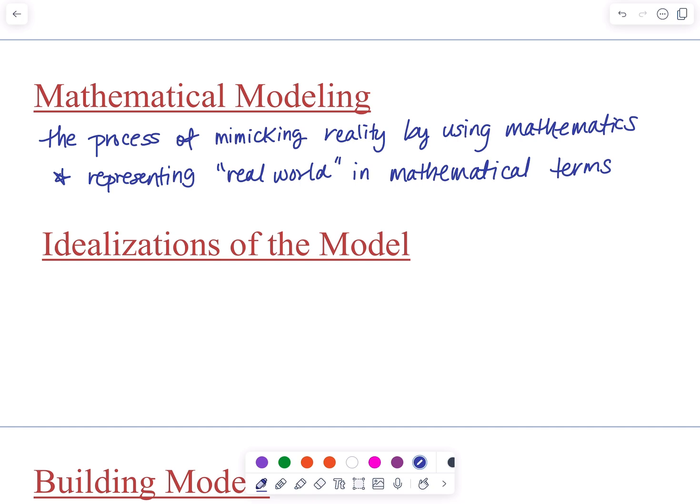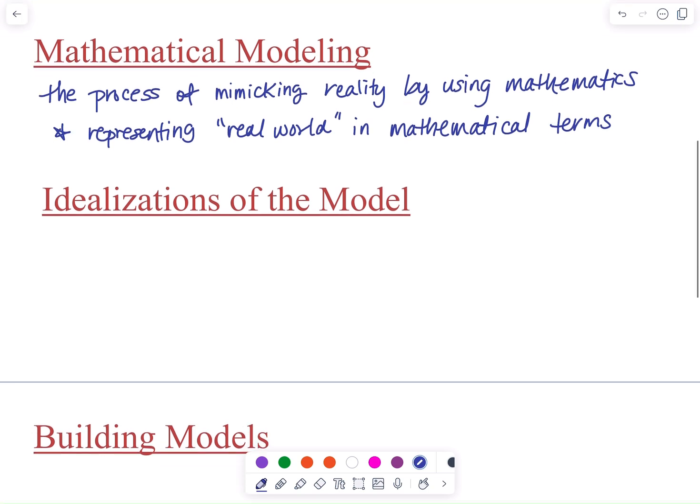Okay, so real world problems are often complex, and we have to determine which variables are significant and which variables can be ignored. So we have real world problems, and these are very complex.